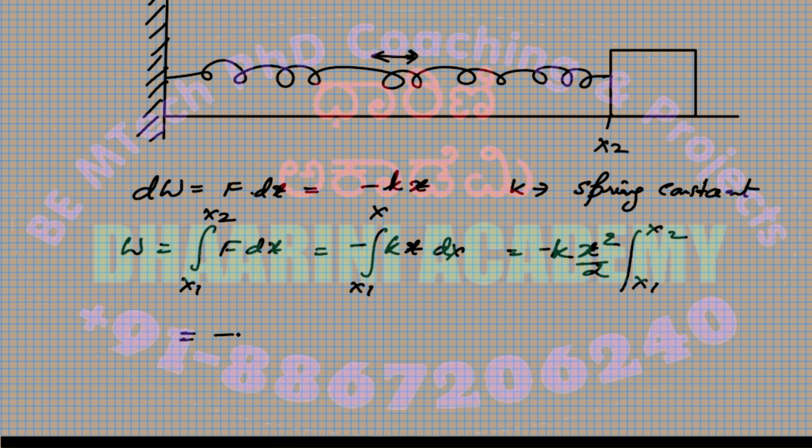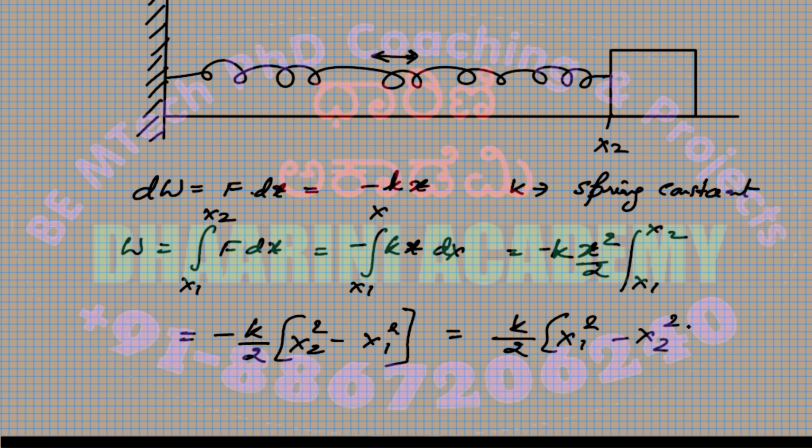So this is equal to minus k by 2 into x2 square minus x1 square. That is equal to, minus you can take inside, so that is k by 2 into x1 square minus x2 square, the work done by the spring.